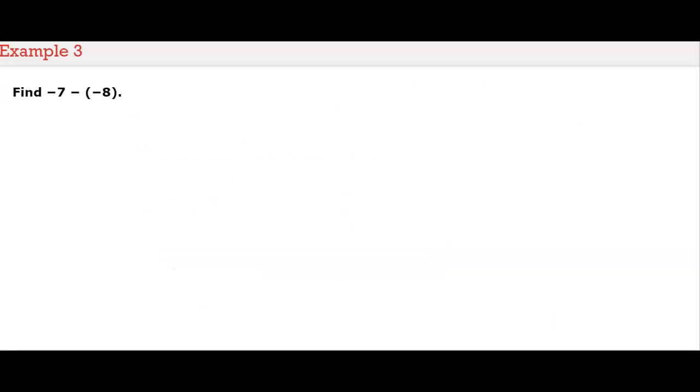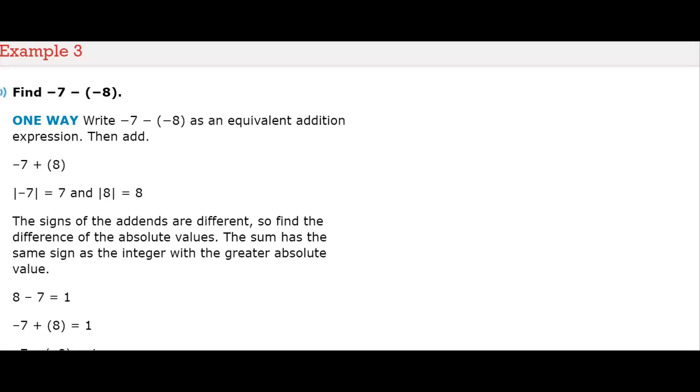Find -7 minus -8. One way is to write -7 minus -8 as an equivalent addition expression. So the two negatives turn into a positive. So you have -7 plus 8.